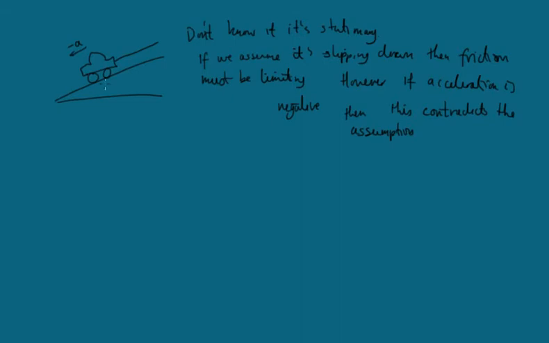So we would go through the same steps again, but with a different direction of motion, and that would fix the problem. If you've made the wrong assumption and you get a negative acceleration, then you need to change your initial assumption and change those things on the force diagram that need to be changed, and it should all work itself out.